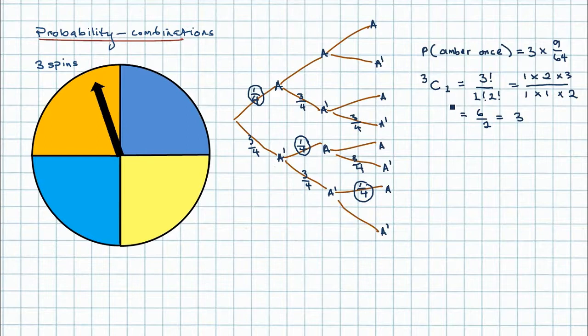So 3 choose 1 will give us 3, and you might in fact be lucky enough to have a choose function on your calculator, which will work out the factorials, and it will give you the number of ways of choosing one thing out of 3.